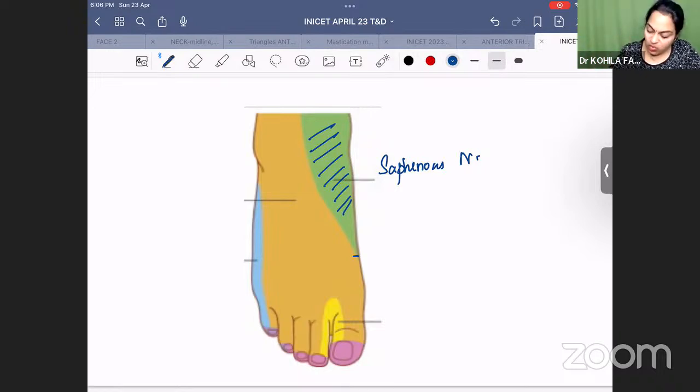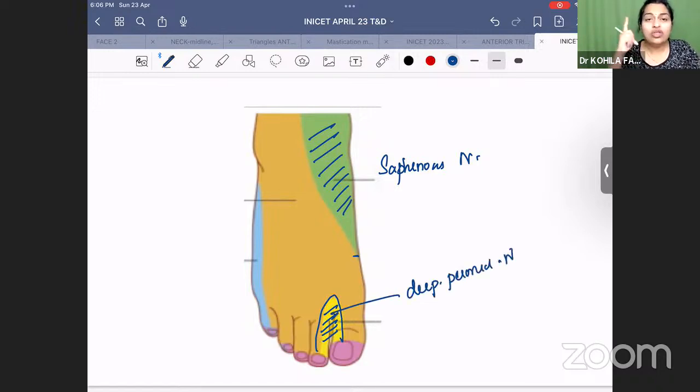Okay. And this one here, this is the area, the first interdigital cleft, that's supplied by the deep peroneal nerve. So injury to the deep peroneal nerve will result in what? Yeah, important question, foot drop. So your question can be like, in foot drop, where is the loss of sensation? The deep peroneal nerve.